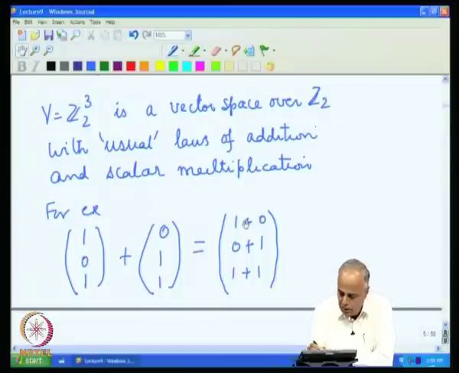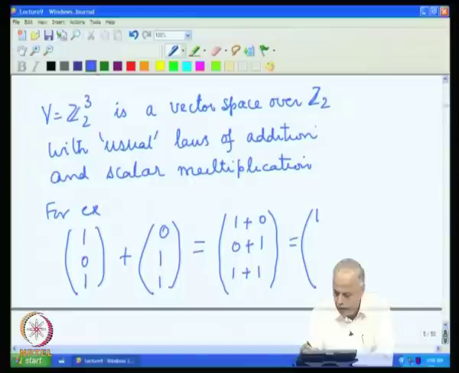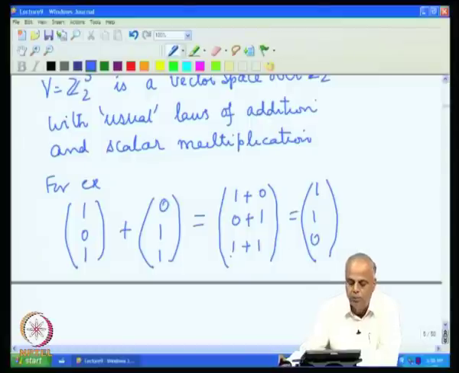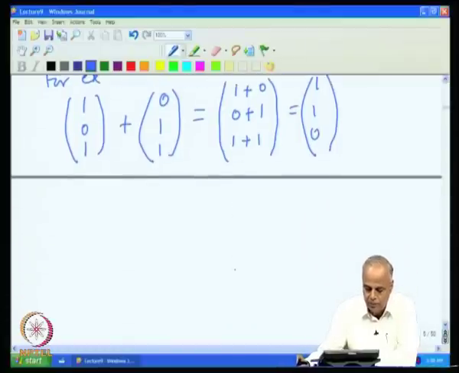Now, these pluses here refer to the plus in Z 2, but in Z 2, 1 plus 0 is 1, 0 plus 1 is 1, but 1 plus 1 is 0. So, this is what we meant by usual laws. You have to add entry wise, but the entry additions are done according to the field laws.